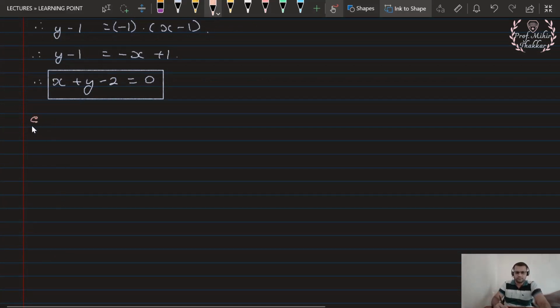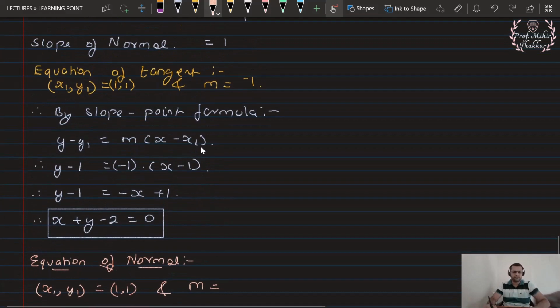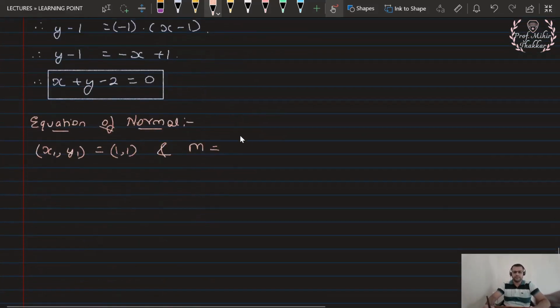Now equation of normal. Once again x1 comma y1 is equal to 1 comma 1, but what is the slope of the normal? It is 1, so I get m is equal to 1.